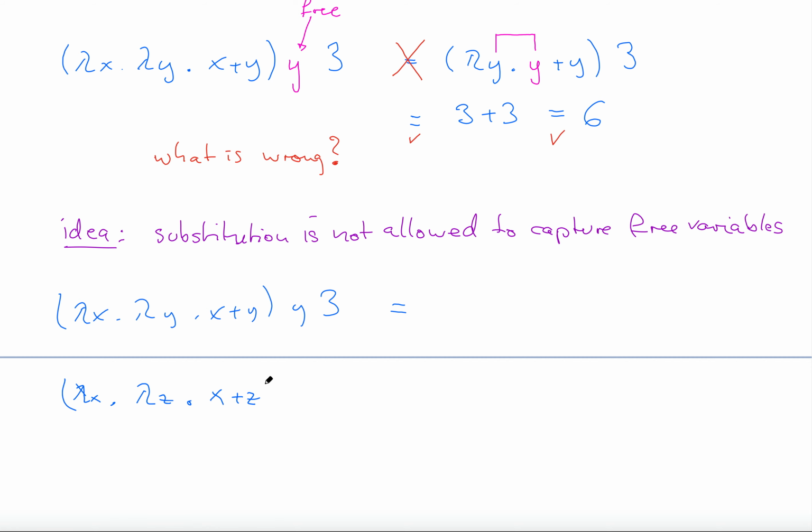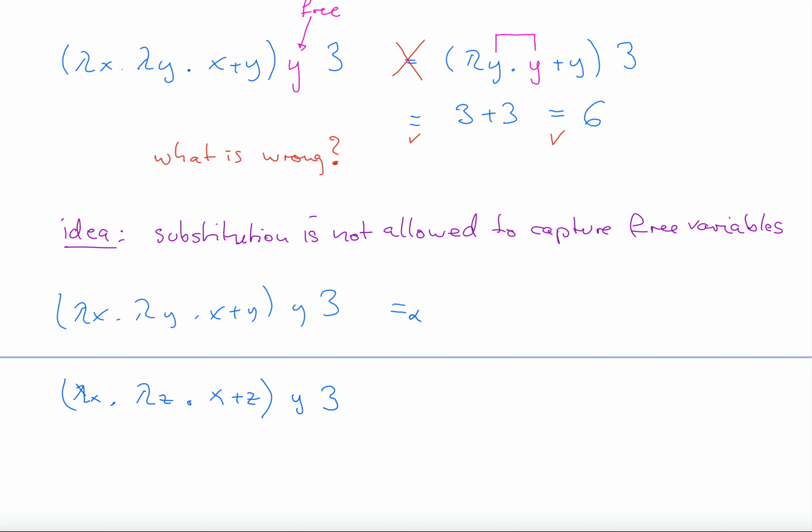So I just use a z here instead of a y, and it's really the same function, right? So this is important to understand here. And so we add a new rule, which is called the alpha rule, maybe not surprising. The other rule is the beta rule, and this rule is the alpha rule. And so we also say that these two expressions are alpha equivalent, and we really think of them as the same expression. This is simply because for the functions, it doesn't matter if I rename the bound variable, so these are really exactly the same expression.